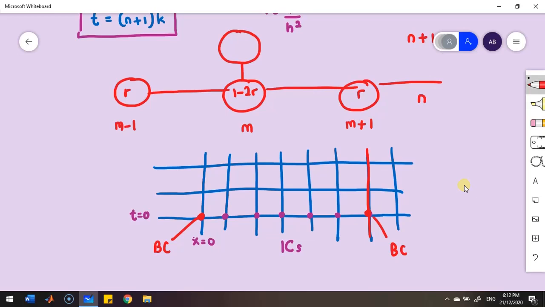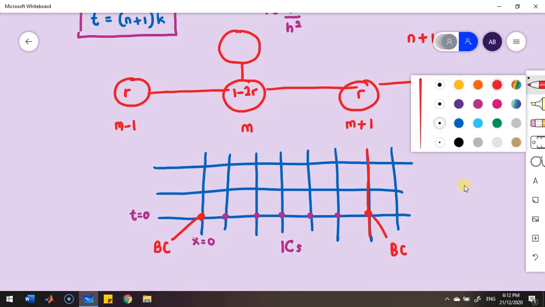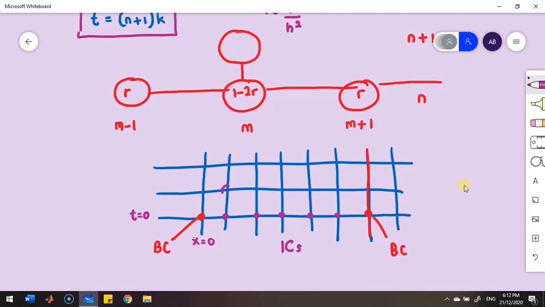So now what the explicit formula does: let's say I want to obtain this value here. According to this computational molecule, you can see that I have a kind of triangle, right? To obtain this value here, I need to use this value, this value, and this value, and then I can get the value at whatever t I want.